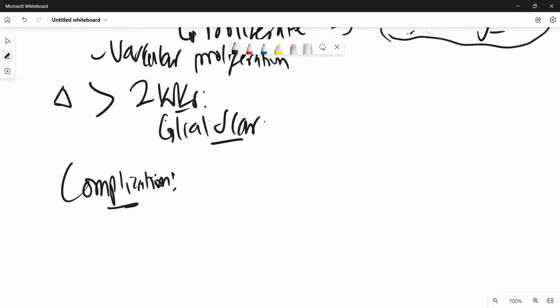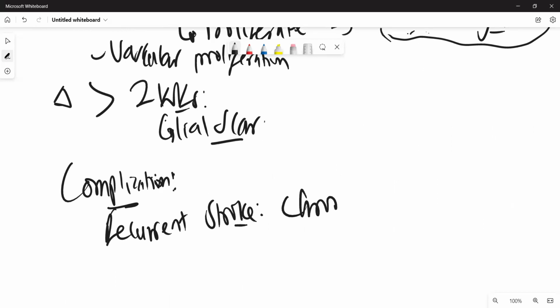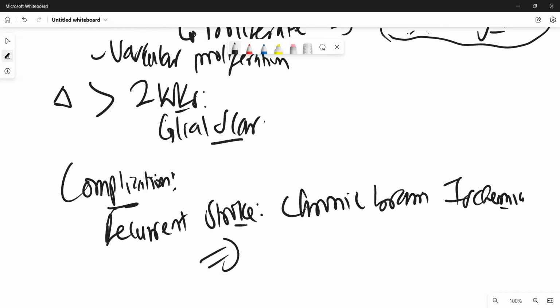And the other complication that we should also be aware of is if somebody is having recurrent stroke, which I normally call chronic brain ischemia. These people are losing a lot of brain tissue, because each time somebody has a stroke, they're losing brain tissue, and this can lead to brain failure, just like what we have for heart failure.